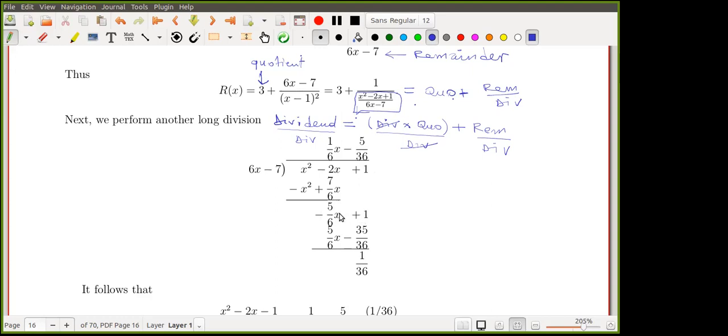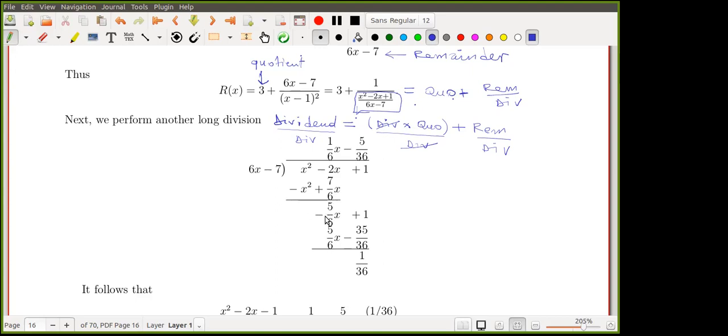and we repeat, because this will be like our dividend. So we pursue the division. If you want to divide, you can see that this is x and this is x, right? So the quotient will be a constant term, which will be this divided by 6.